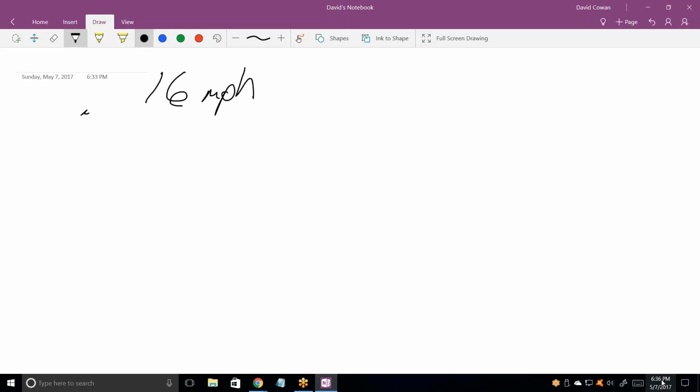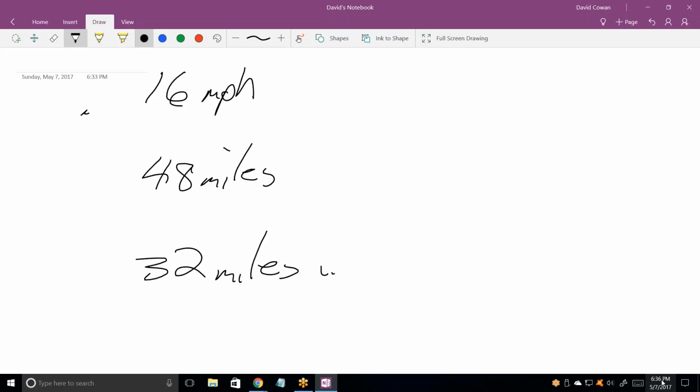The boat can travel 48 miles downstream in the same time it takes to travel 32 miles upstream. What is the speed of the boat in still water, and what is the speed of the current?